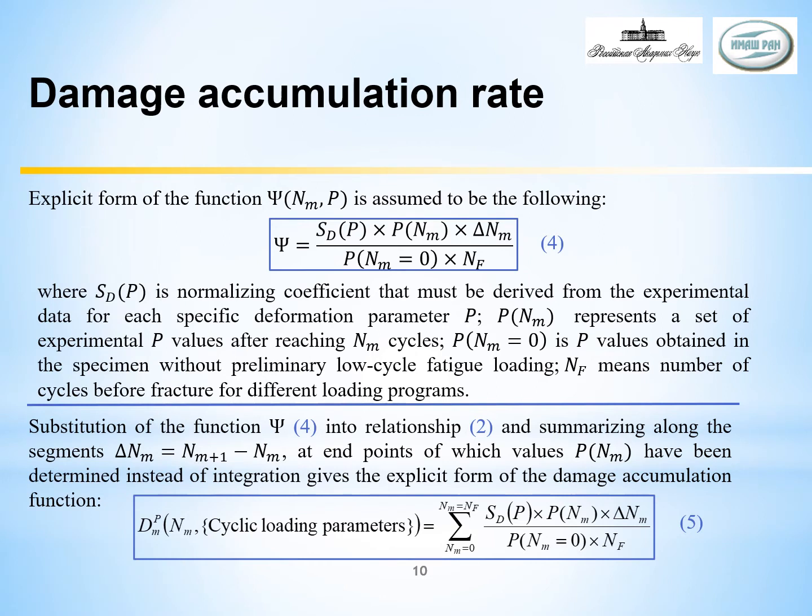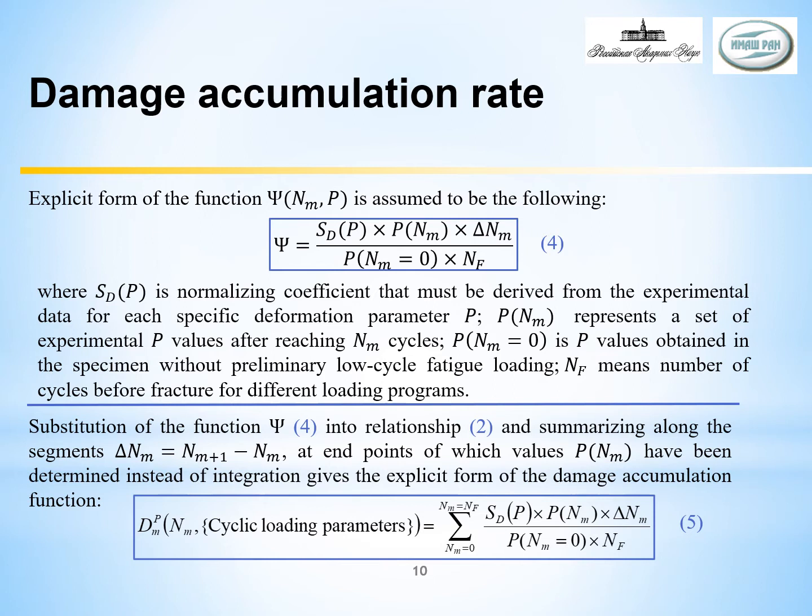The damage accumulation function can be given in the following simple equation, number 5, where Sd is a normalizing coefficient that must be derived from the experimental data for each specific deformation parameter. P as a function of Nm represents a set of experimental deformation P-values after reaching Nm cycles of loading.